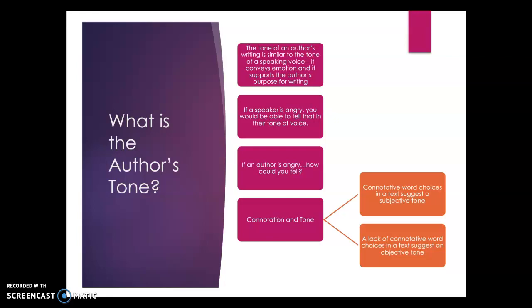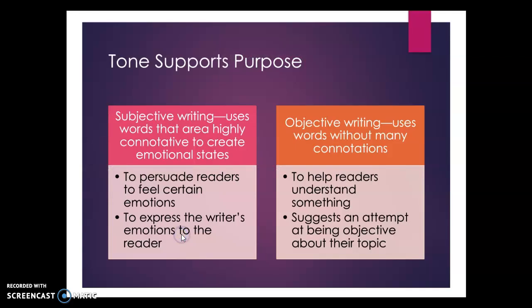Connotative word choices suggest a highly subjective tone, and a lack of connotative word choices in a text suggests an objective tone. So if you don't have connotative word choices and you're very objective, you're probably writing something expository, versus if you have highly connotative word choices and you're writing subjectively, then you're probably writing persuasively. Okay? We'll get more into that when we look at some specific examples.